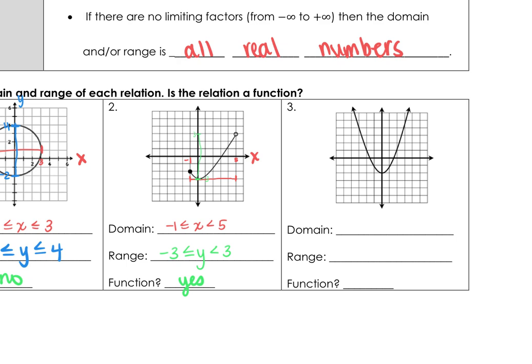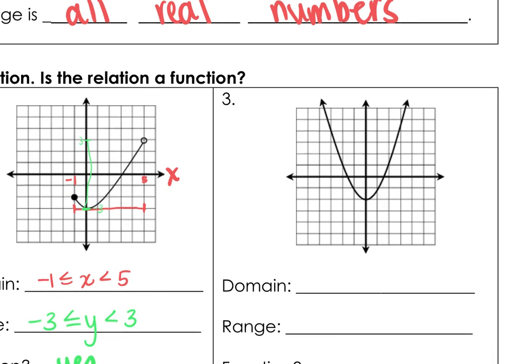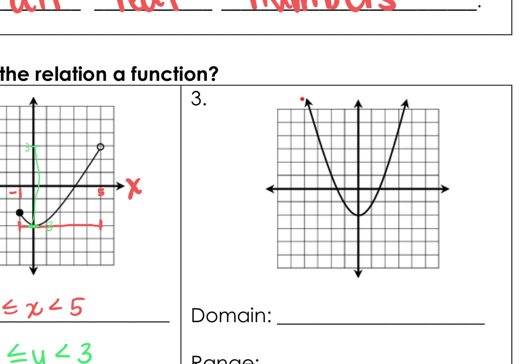We've got these arrows, which means as I'm looking left and right, even though the graph runs off the grid right here because we don't want to make this humongous grid, this arrow is telling me it's going to keep stretching all the way to the left forever and ever and ever. And this arrow is telling me it's going to keep stretching all the way to the right forever and ever.